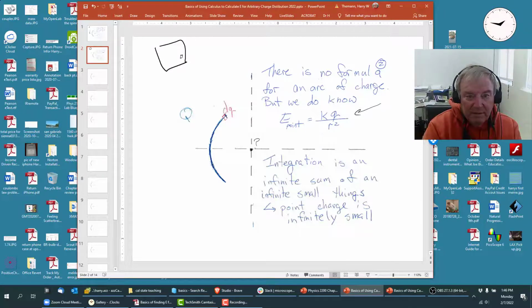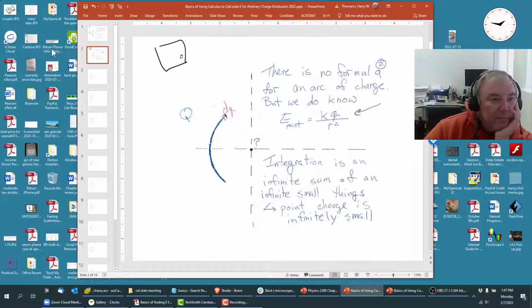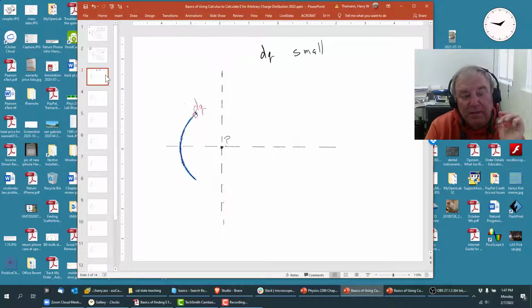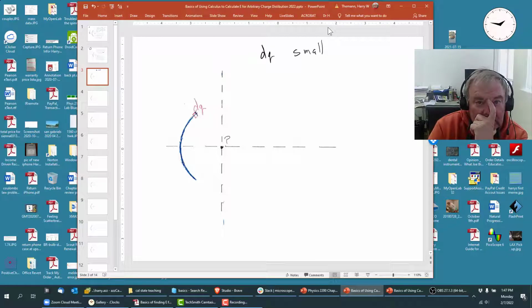If we do that, then this thing is going to behave almost like a point charge. So now we have our dq, and we say dq is small. And just for imagination's sake, for the moment, it's basically almost a point charge.